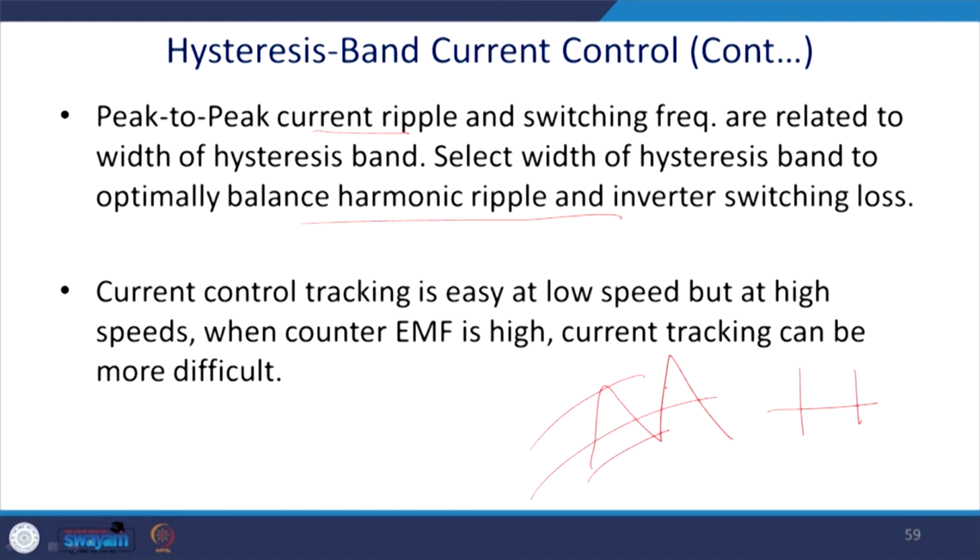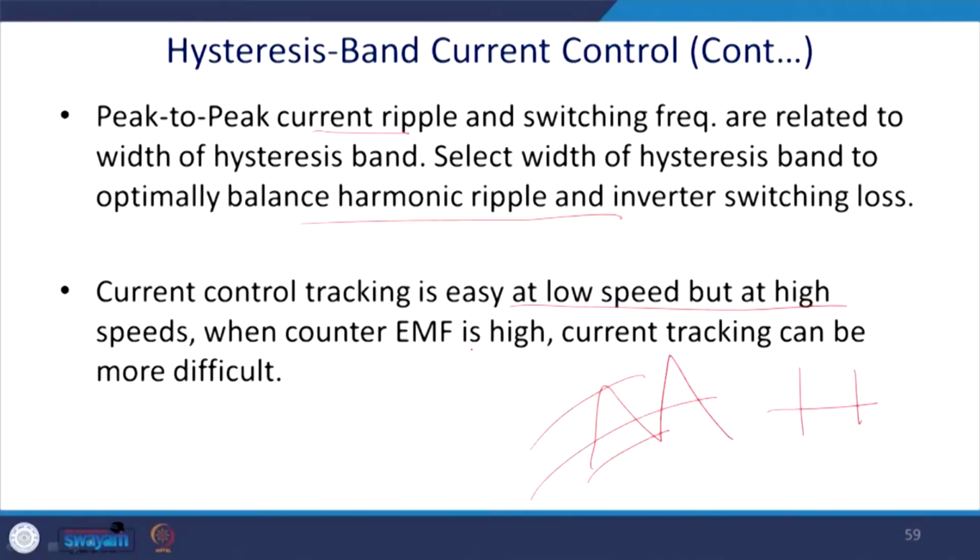But one of the major advantages of this method is that current tracking is easy at low speed, but at high speed, when counter EMF is high, current tracking can be more difficult. Let us understand what this says.